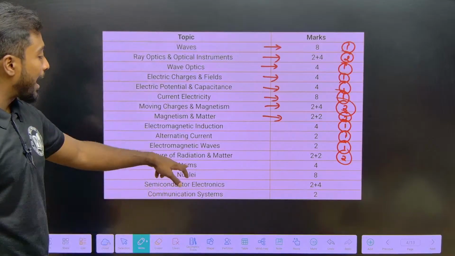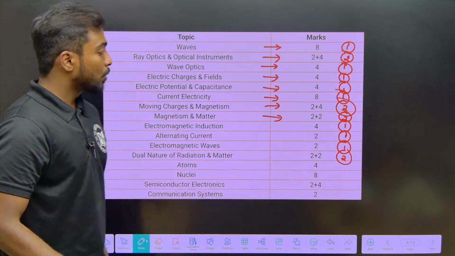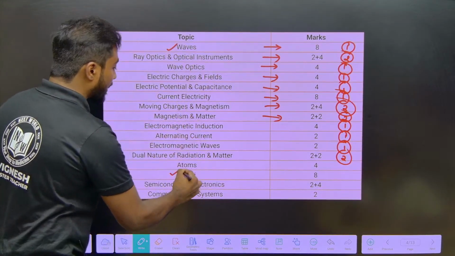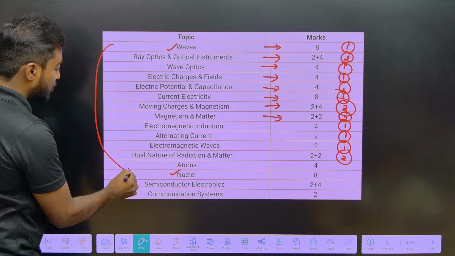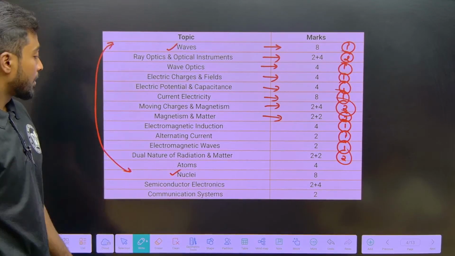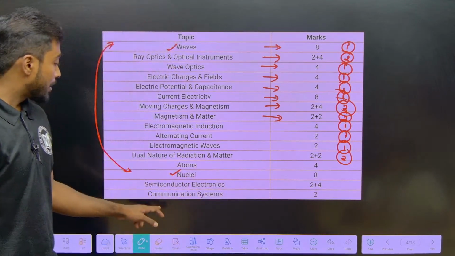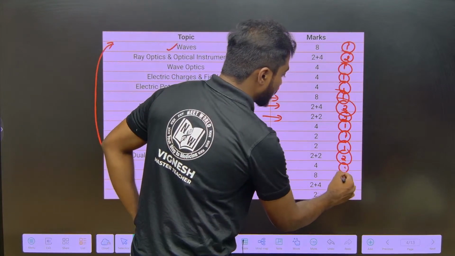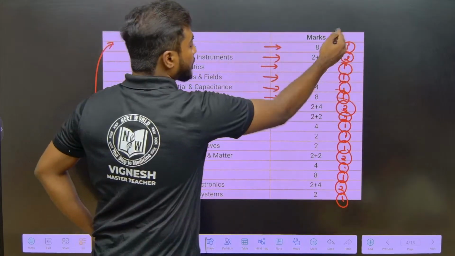When I talk about atoms, 4 marks, nuclei 8 marks. So waves and nuclei are the only two very long answer types. Semiconductor is one 2 mark and one 4 mark, communication system is one 2 mark question.